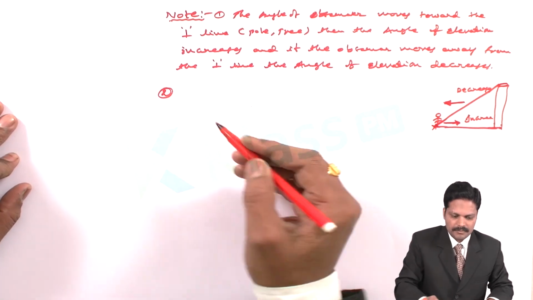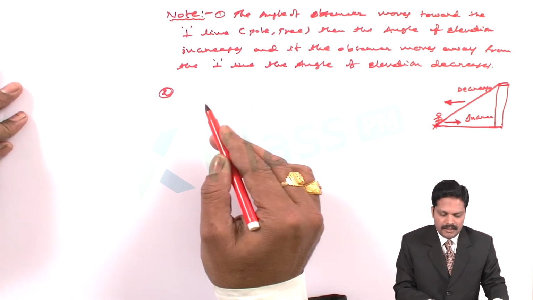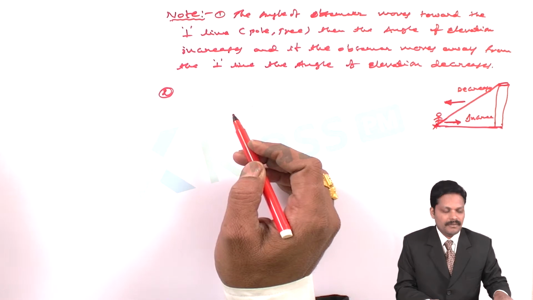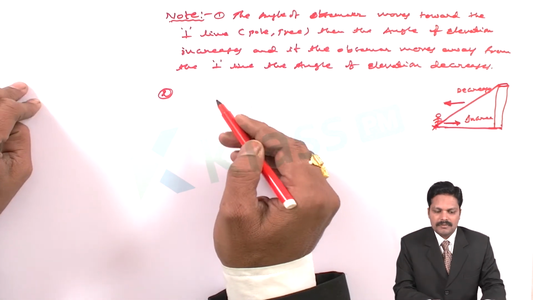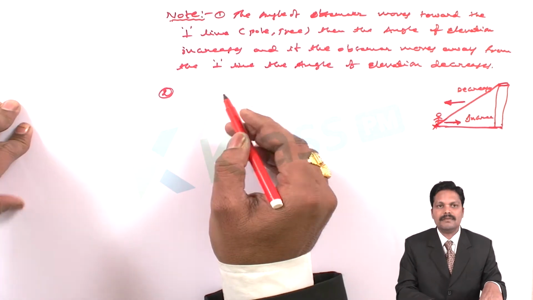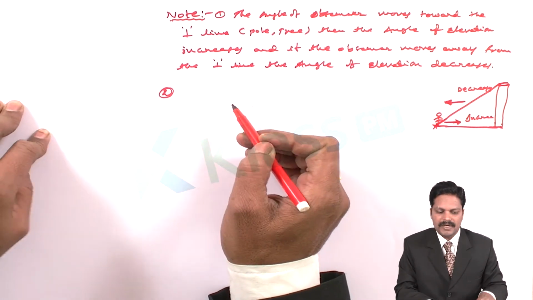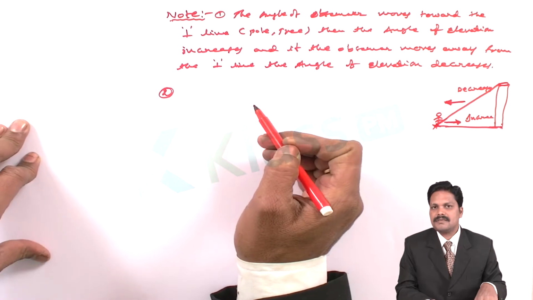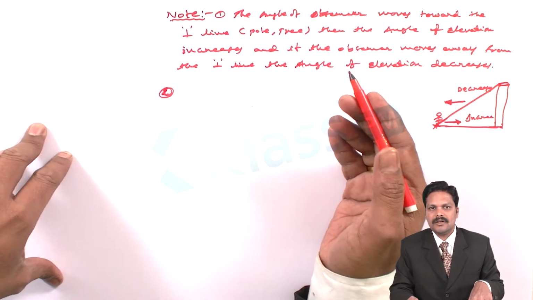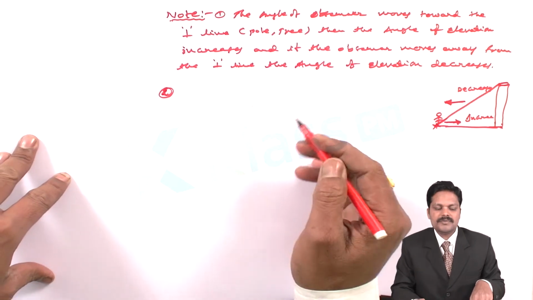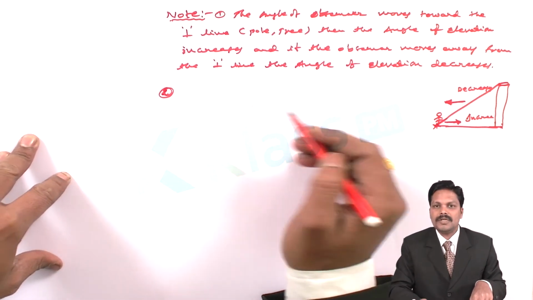And the second point I am giving here: if the height of the particular tower or object is doubled, then the distance between the observer and the foot of the tower is also doubled, but the angle of elevation is the same. So when the height of the object increases, the observer's angle is not changed.